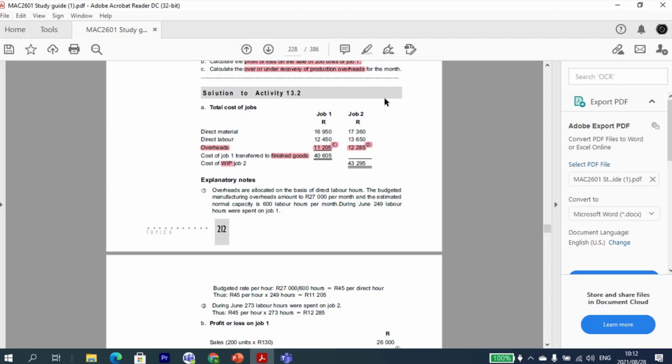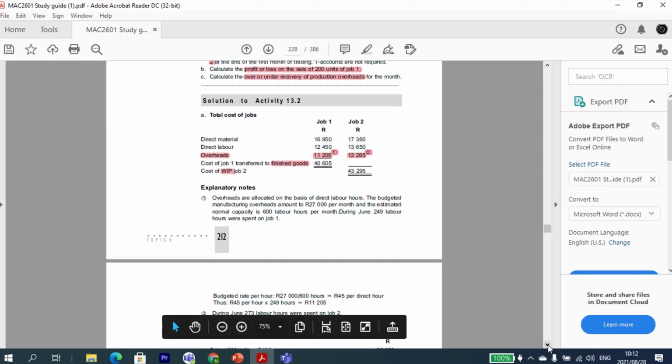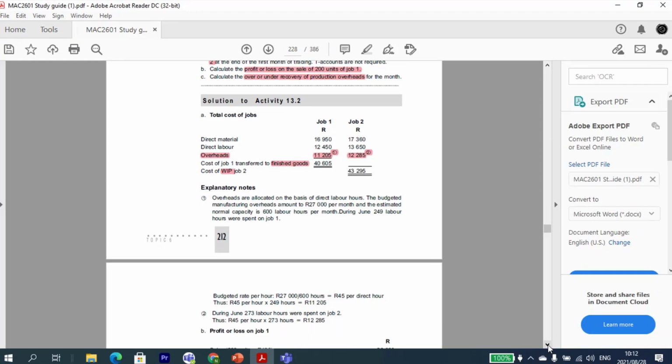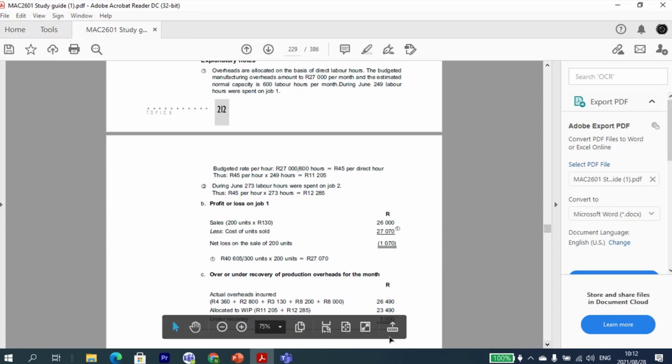And then profit or loss on the sale. Okay, so that's where I also have questions, because I see on the solution there, they divided it by 300 units. Is it because that's what we produced, but we only managed to sell 200 units?